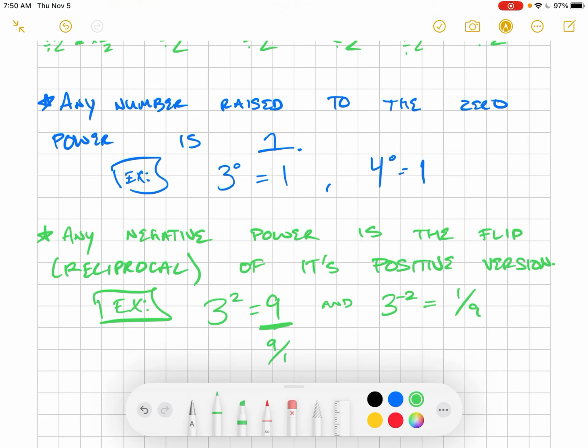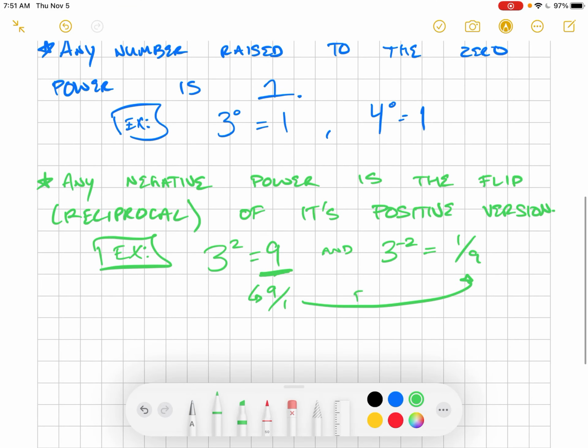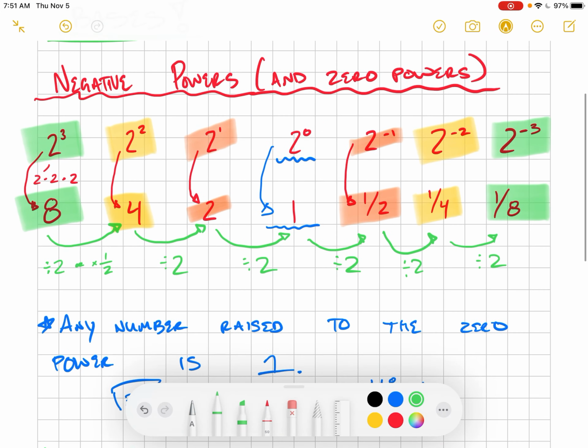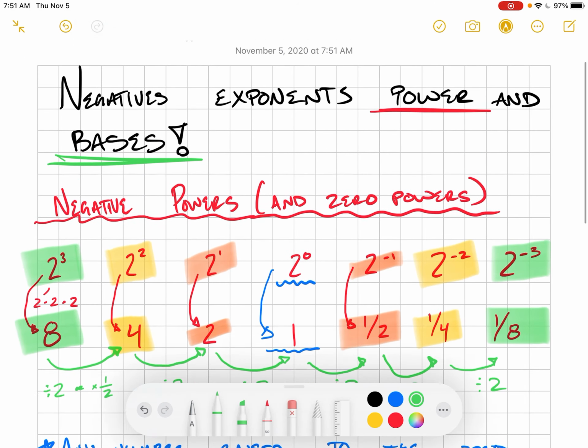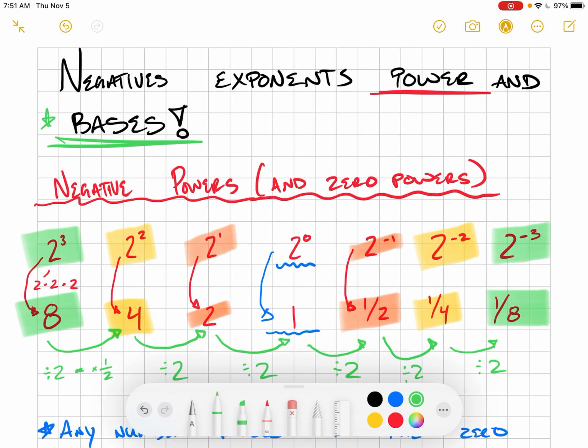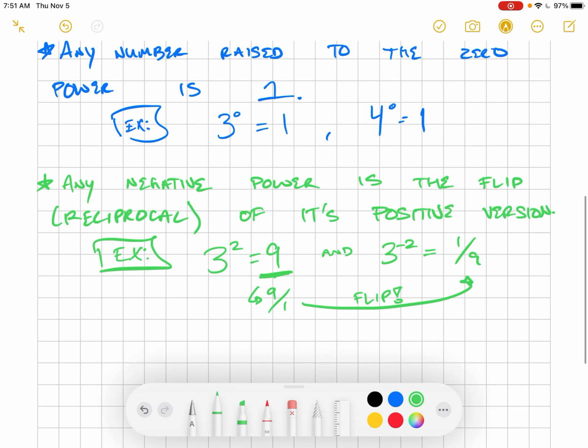So this 9, when we flip it, is 1 over 9. Okay? So we just flip. Flip it when it's a fraction. All right. So that is the deal with negative powers. Okay? But what about negative bases? Negative bases. Let's talk about that now.